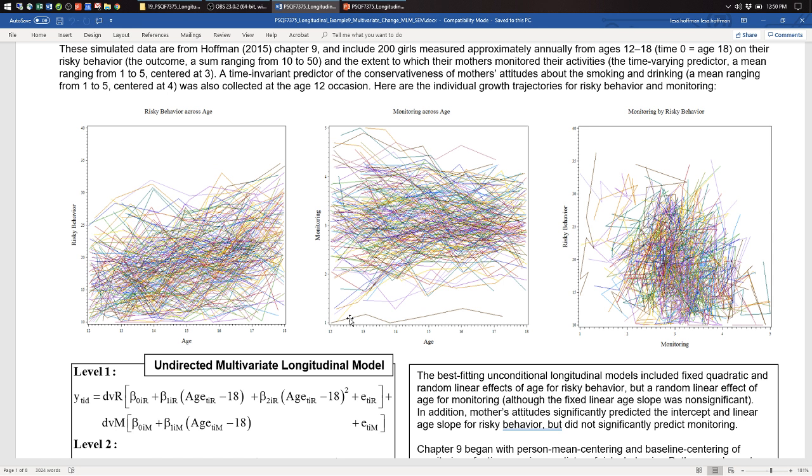Well, it's ignoring time, and it's just plotting for your monitoring when it was 1, like if this person had a value of 1, they had a value of 15 on risky. They had a value another time, so this is a scale where it's not just integers, it's the mean on a 1 to 5 scale across items. And so the next time they were slightly monitoring more, they had more risky behavior.